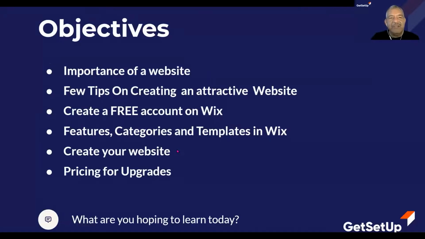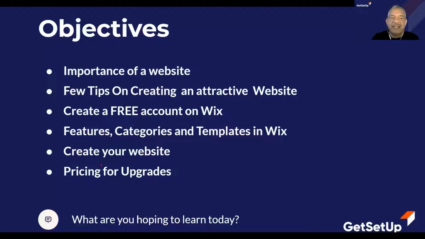Now, the objectives of this session are a few. The first two are more theoretical: the importance of a website, what all can be done, and a few tips on creating an attractive website. Then, create a free account on Wix. Features, categories, and templates are inbuilt, and we will explore that also.